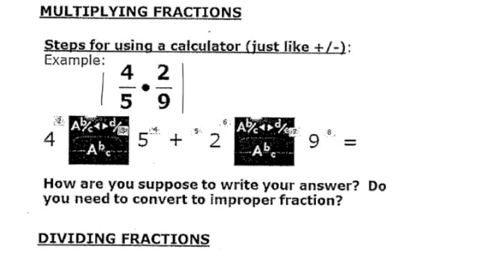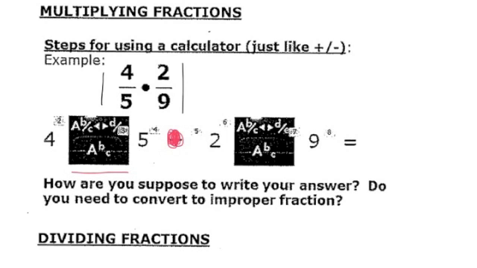So you're going to type in 4, and then you're going to hit your ABC button, 5, and then, I made a typo, you're going to change this plus sign to a multiplication sign. Just ignore that. Okay, so it should be 4 ABC 5 times 2 ABC 9.